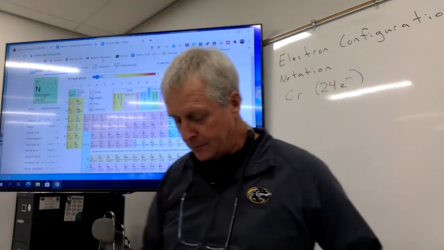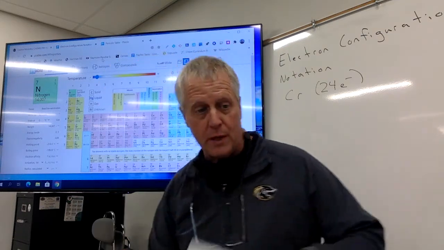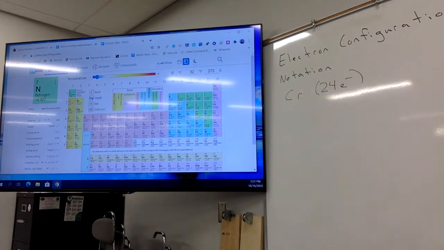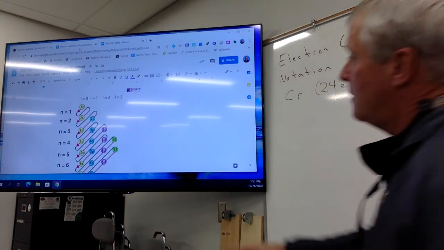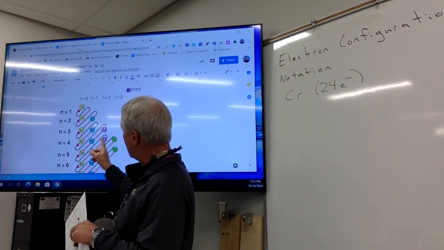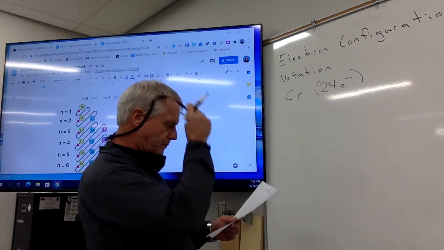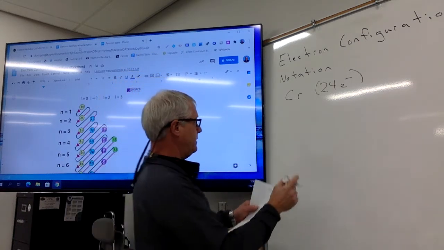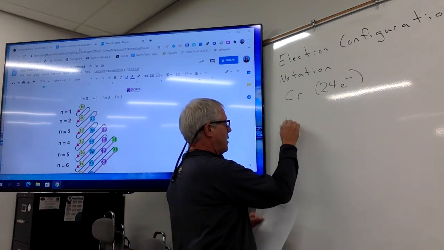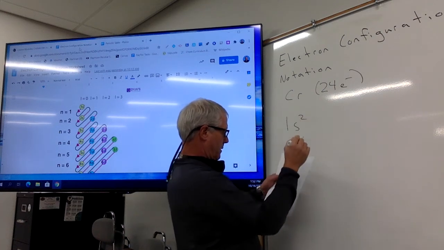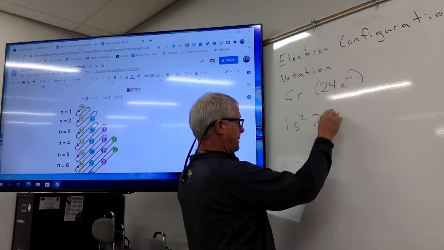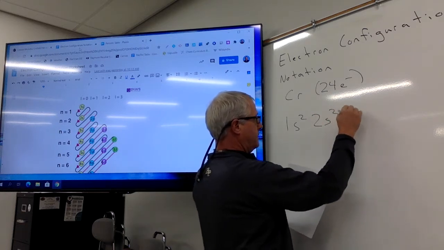As we work our way through the Aufbau principle guide, we want to use up 24 electrons. It turns out that as you fill these in, we would have 1s2, 2s2, 2p6.